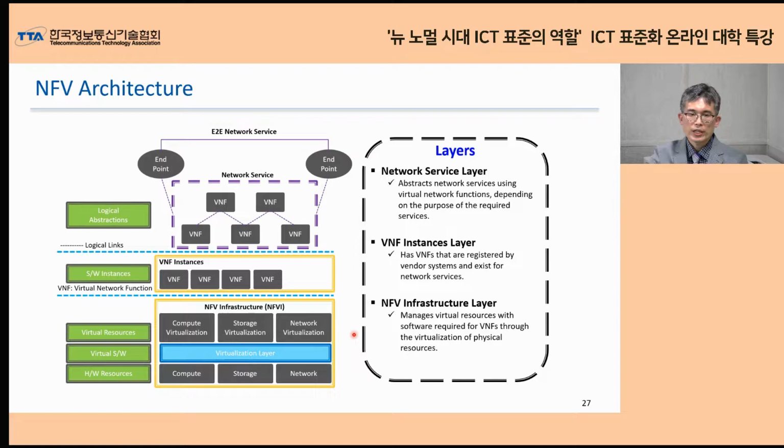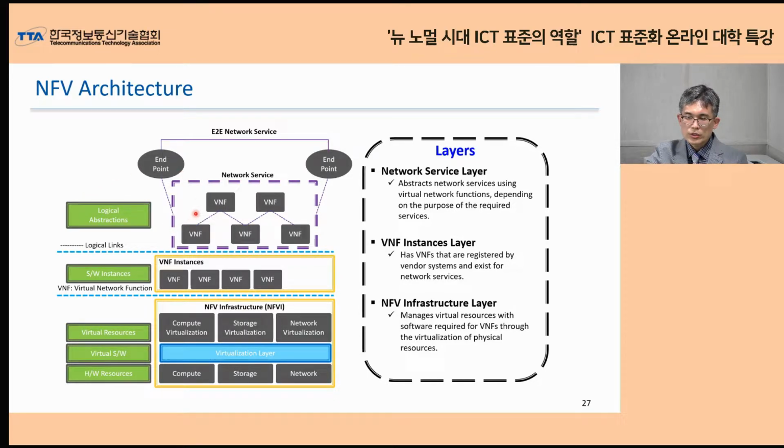This figure shows the NFV architecture. The NFV architecture has 3 layers. The lower layer is the NFV infrastructure layer. In the middle is the VNF layer. The upper layer is the network service layer.